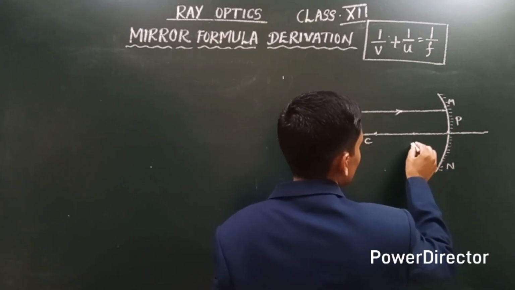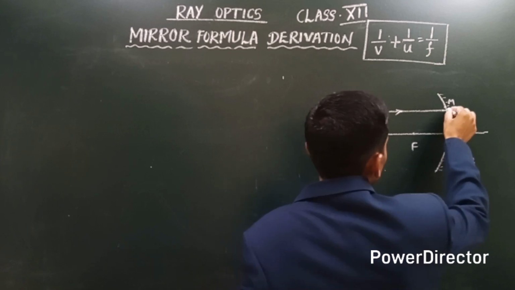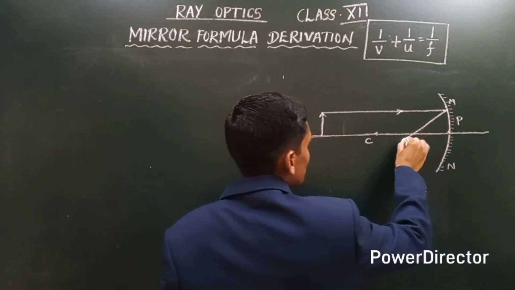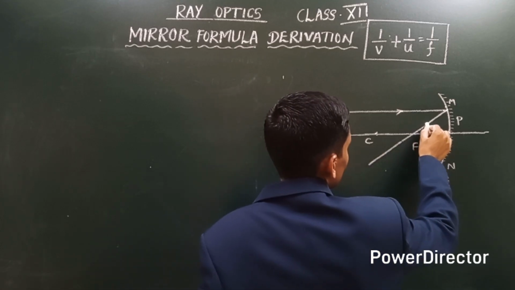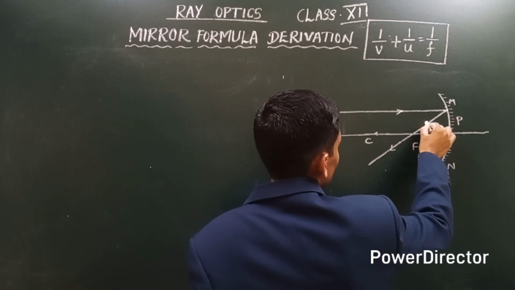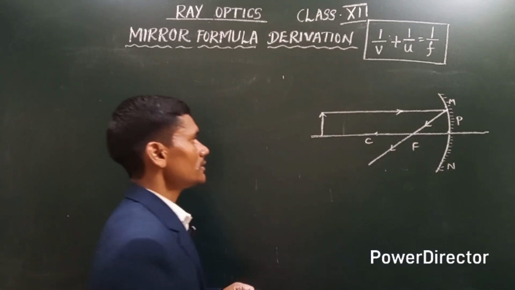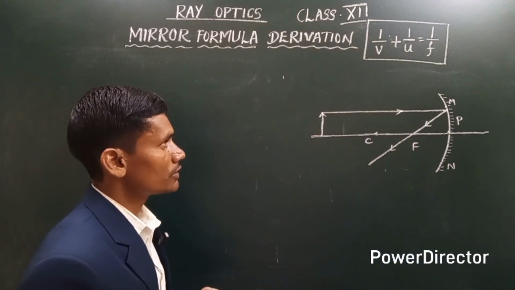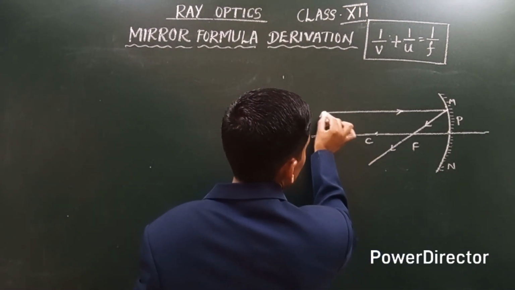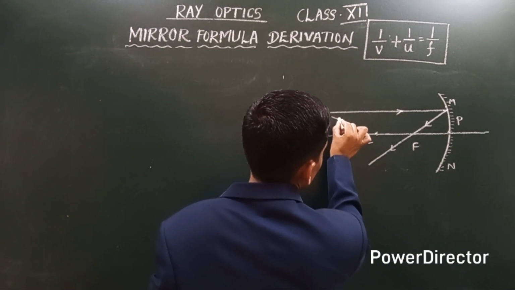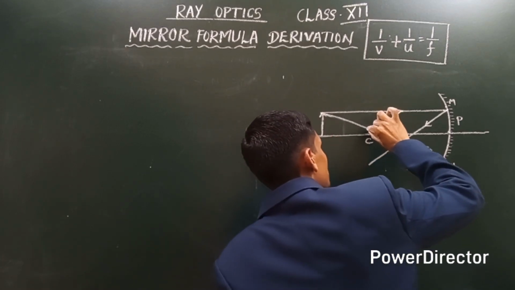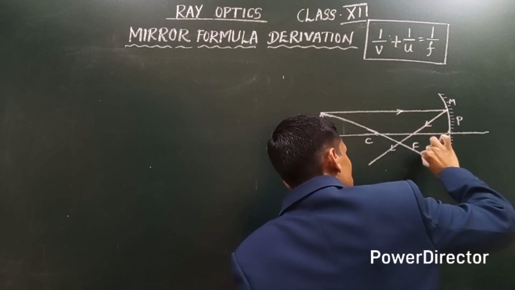The ray, after striking the mirror at M, is reflected and passes through F. This is one ray. Next you have to consider another ray, passing through the center of curvature.